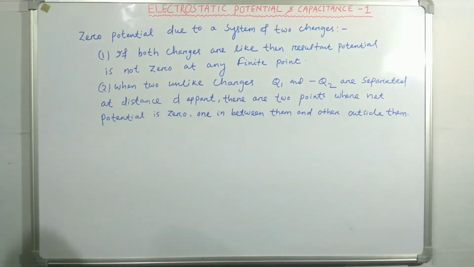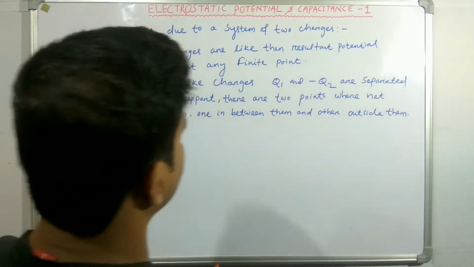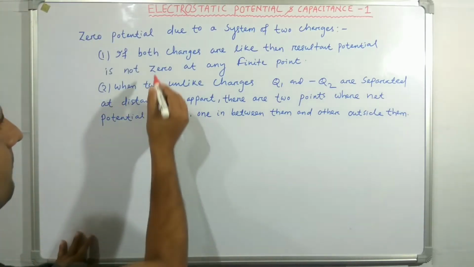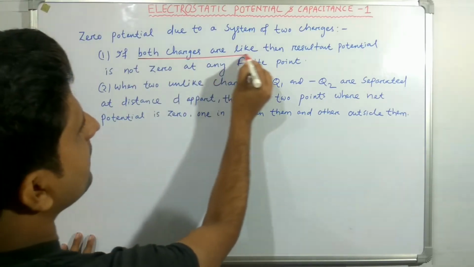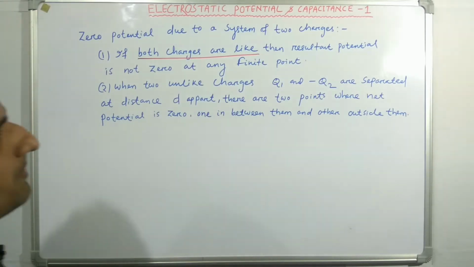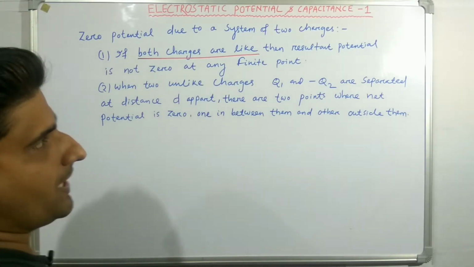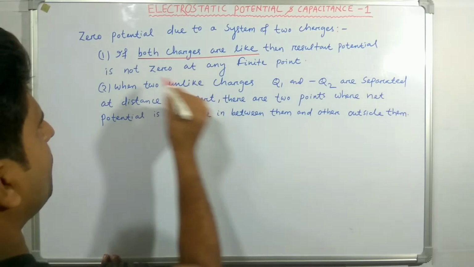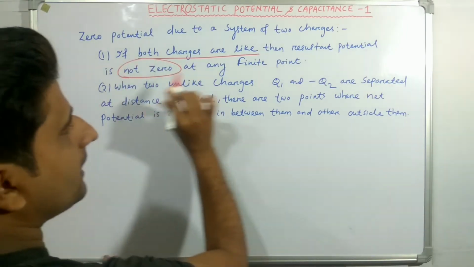Next, zero potential due to a system of two charges. If both charges are similar, like positive or negative, then the resultant potential is not zero at any finite point.